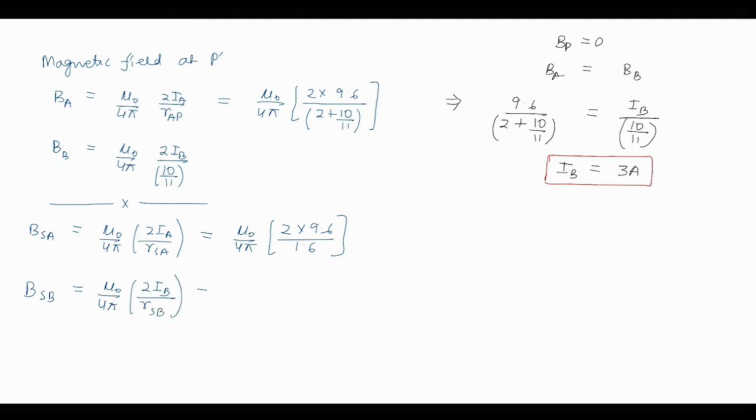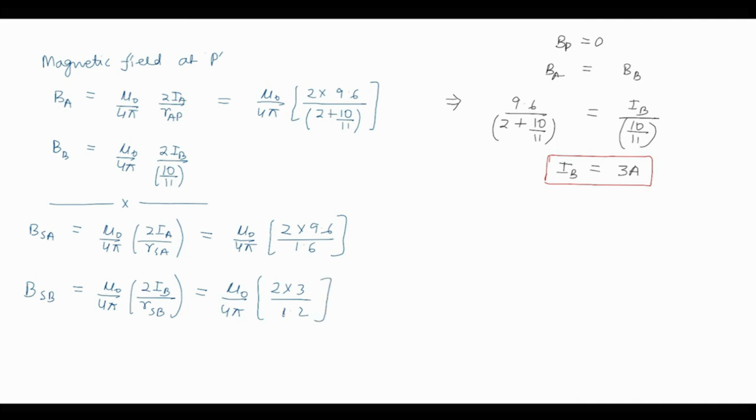So it is mu naught upon 4 pi, twice the current, that is 3 ampere, upon the distance, which is equal to 1.2. And the direction, as already discussed, is directed from S to A.